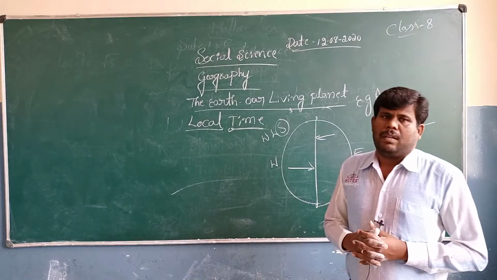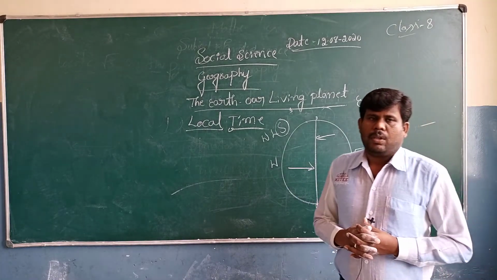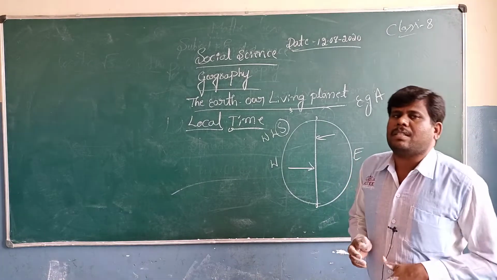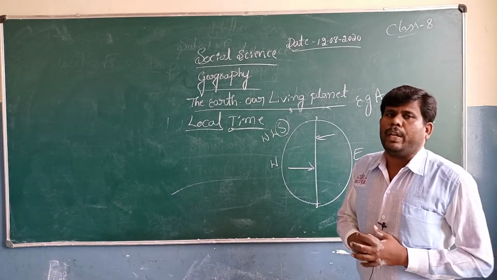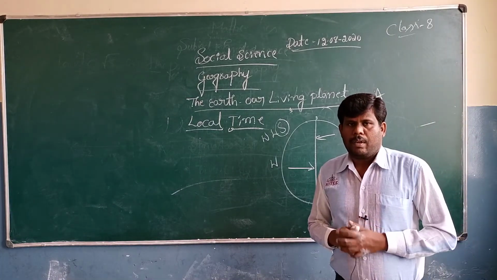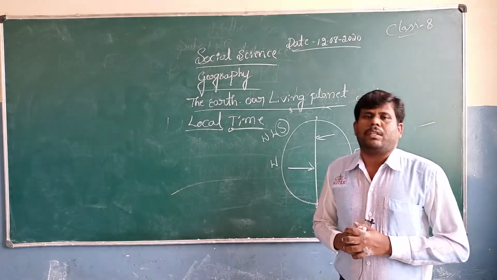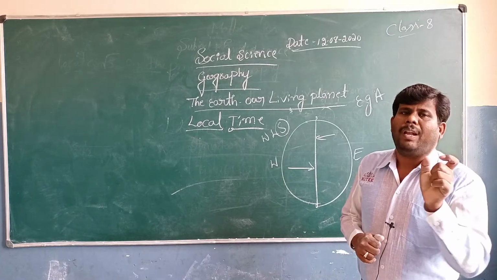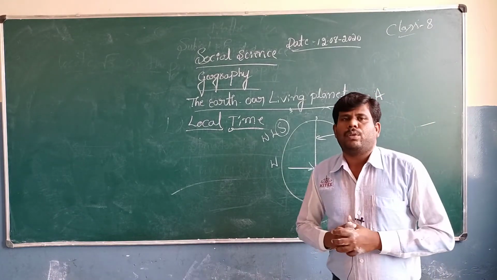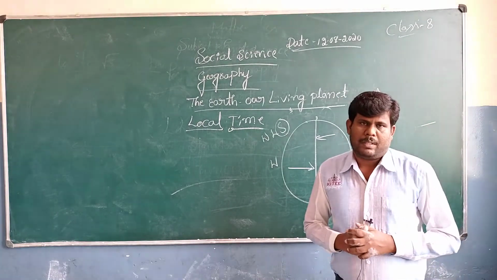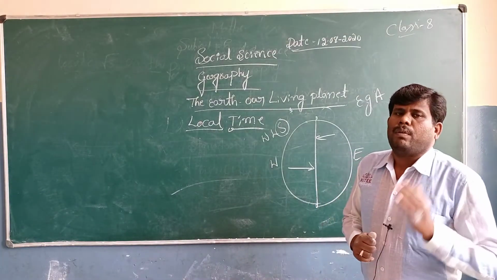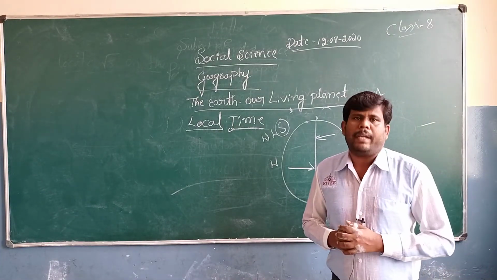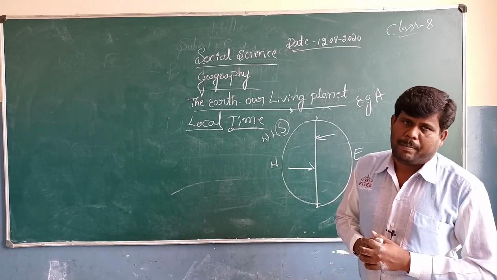Next, time and longitudes. Now, our Earth rotates on its axis in 24 hours. The sun takes 4 minutes to move from one longitude to another. Like that, 15 longitudes are completed in 60 minutes.